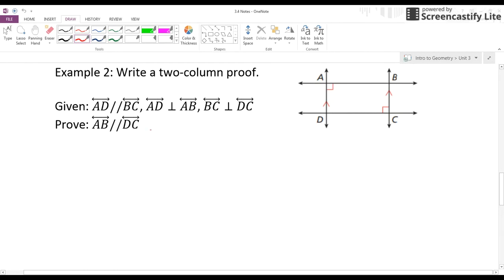Well, think about it. To prove lines parallel, we've got a bunch of options. So we can think about using any of those converses that we used in the last section.